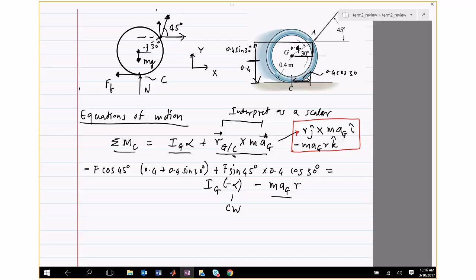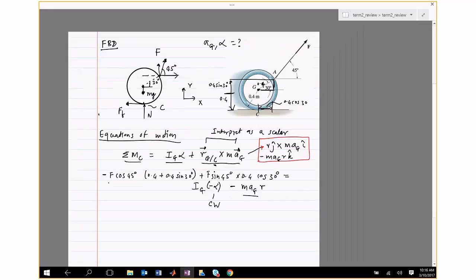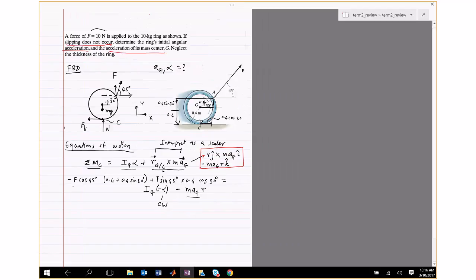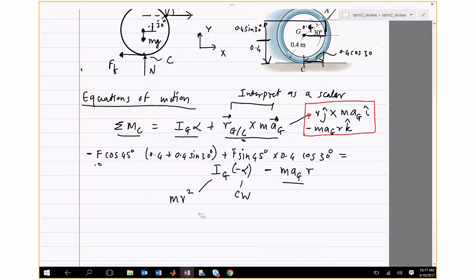Okay, so in this equation, F is known. The mass is given, the radius is given, so F is given. Ig for a ring is mass times r square. Since mass and the radius are given, that is known.